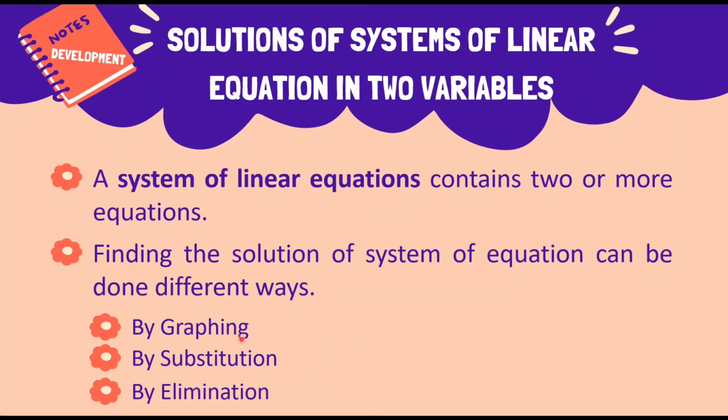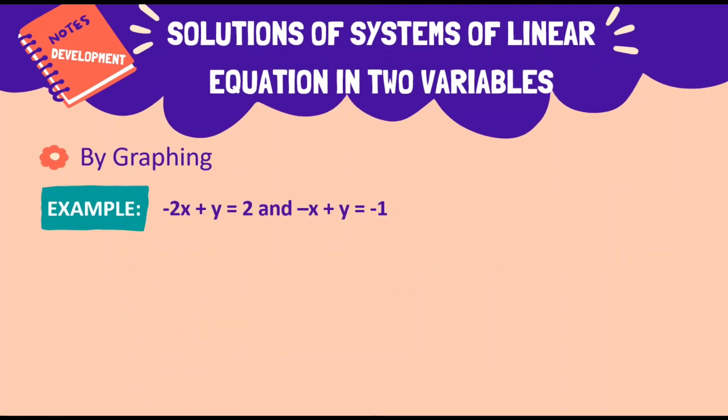So we will discuss it one by one in order for you to easily find out the solution of system of linear equation. So now, let us discuss the first method on how to find the solution of systems of linear equation in two variables. So that is by graphing.